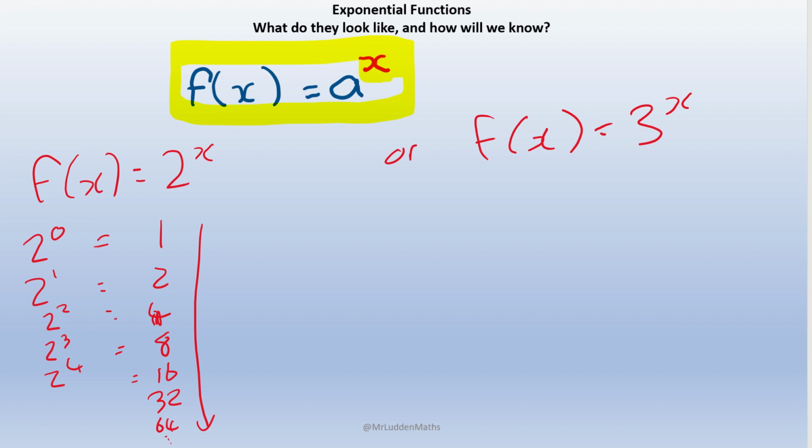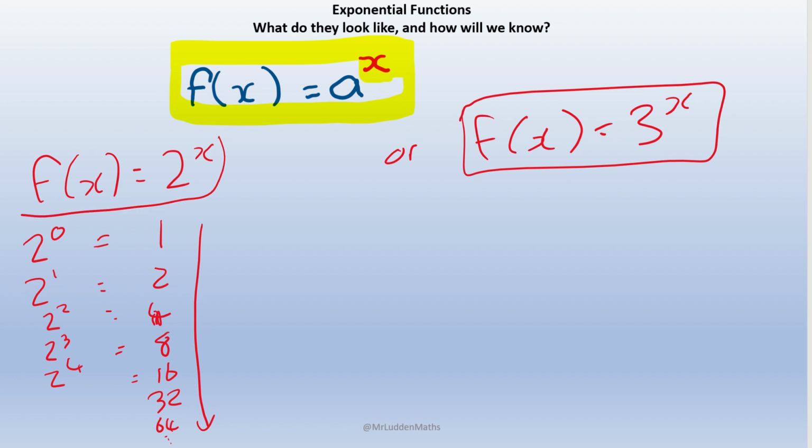And what that looks like in a graph, f(x) is equal to 2 to the power of x, and this one over here, they're similar in how they look as a graph. If I was to graph this on a number line, if x was 0, my first point would be there, second point.